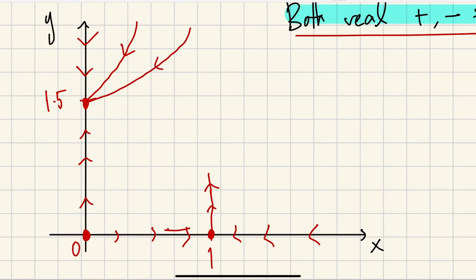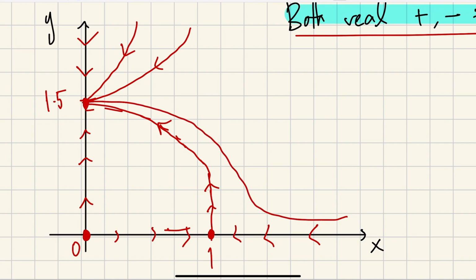Now we just gotta close all of these trajectories and kind of connect them. So you can see that we've got stuff going in right here, and we have stuff coming out of here. So you can just connect this to here. We've got something going all over here, but our trajectory shows that things from here follow this path.